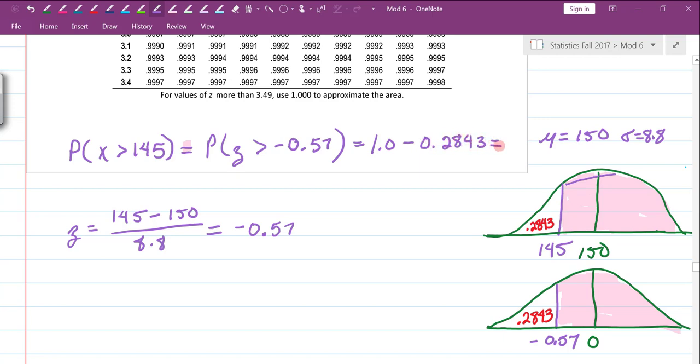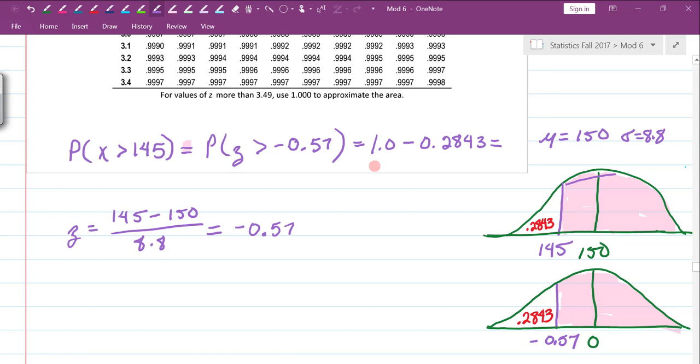what do I get? 1 minus 0.2843. And that is going to not be what I put in there, because I ended up with a negative answer. And probabilities can never be negative. So that was a quick clue that I punched something in wrong.